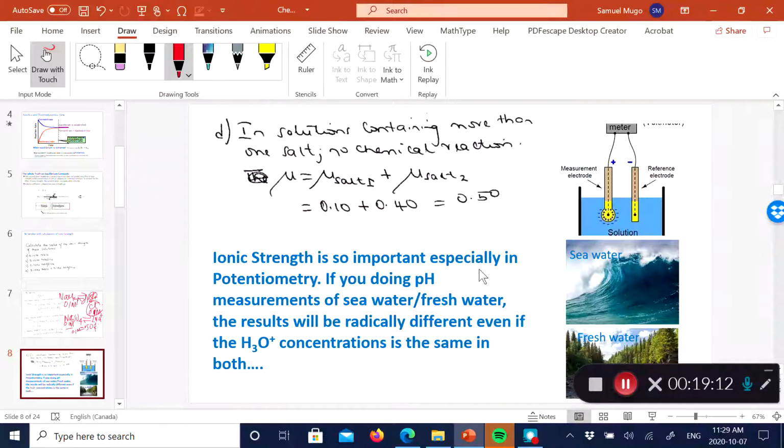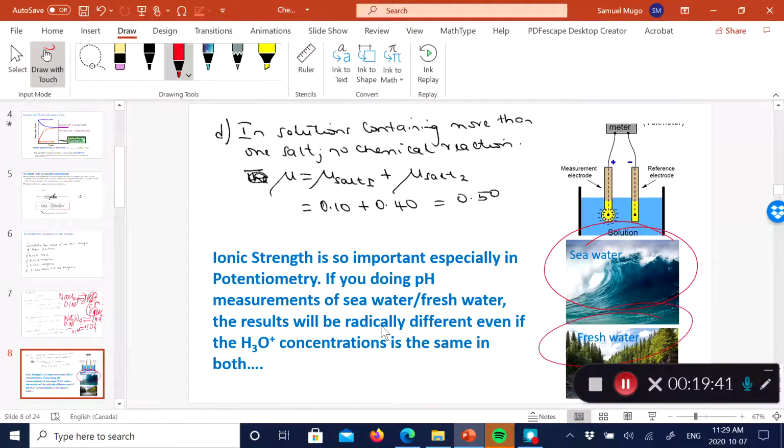You're going to see that if you take the pH of seawater that has exactly the same hydronium ion concentration, which you're measuring with a pH electrode, as fresh water, the results are very, very different because of the ionic strength. The seawater has a lot of salt in it, so it has a high ionic strength.